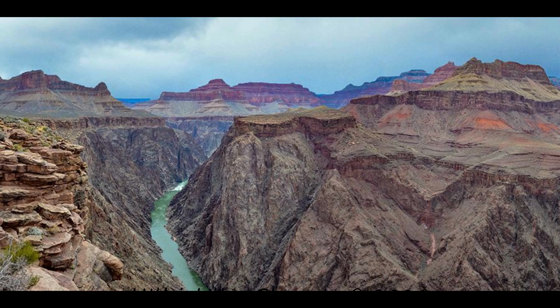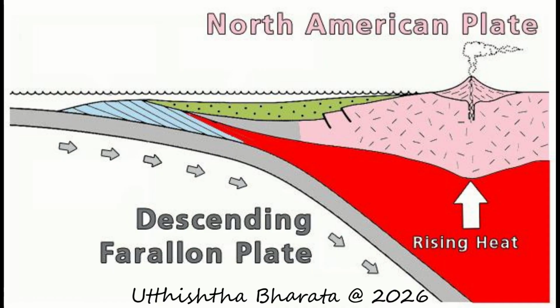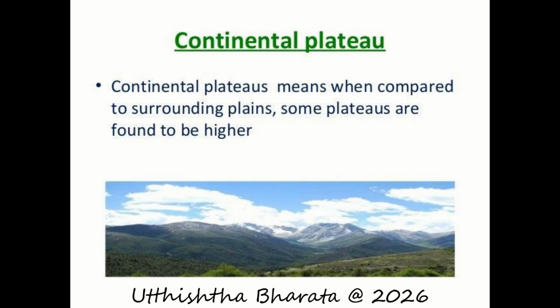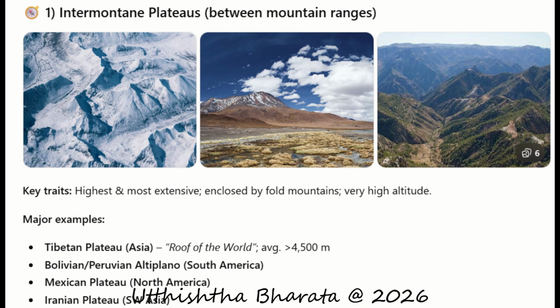Further, the reference of volcanic plateaus. As the name suggests, these plateaus are derived from flows of lava due to volcanic eruptions. The very best example is the plateau of peninsular India, generally considered as stable.